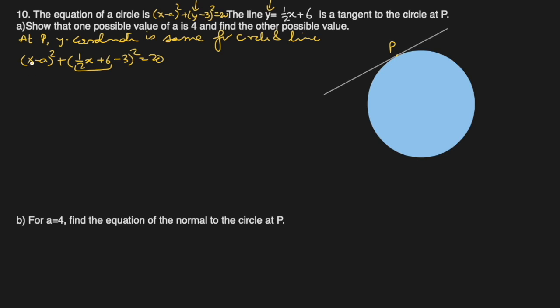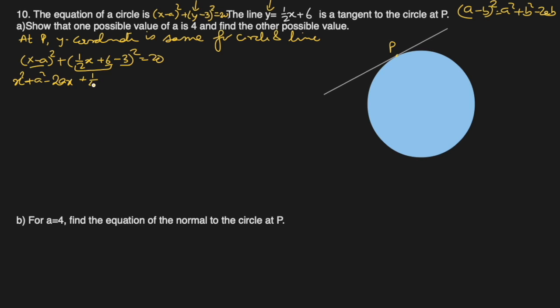I hope you know this: (a minus b) whole squared is a squared plus b squared minus 2ab. That's what I'm going to use here. So x squared plus a squared minus 2ax is the expansion of this one. Here 6 minus 3 is positive 3, so I will take this as (half x plus 3) and square it by the same identity.